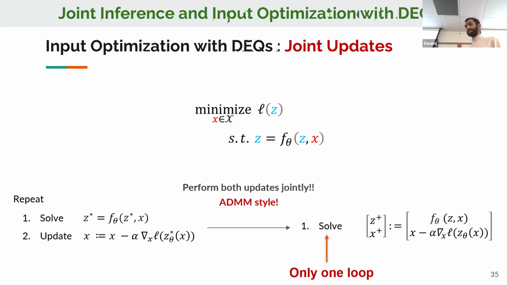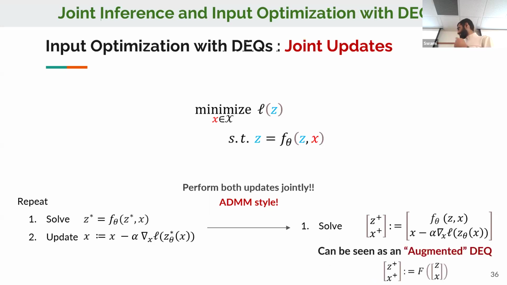And what this looks like is something like this, where now you have a joint fixed point operator over both the network as well as the gradient descent steps, on the output variable Z and the input variables X. And in fact, this essentially looks like another equilibrium model where you have a larger fixed point operator which concatenates both of these operations.